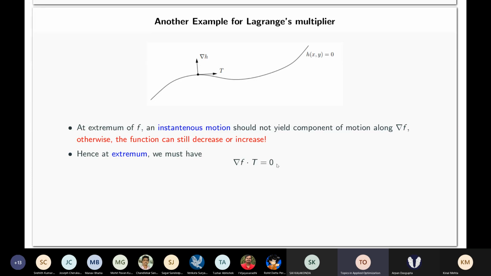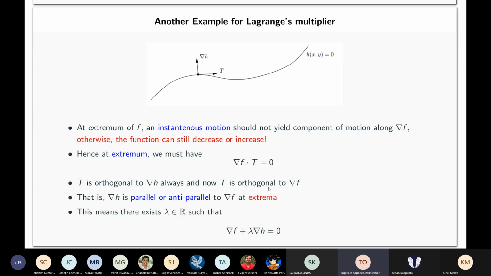Again, we got a mathematical condition that has to be satisfied at an extremum. So T is orthogonal to grad h always, and now T is orthogonal to grad f. This is just another view of the example. I'm not saying anything more. We are arriving at the same condition, just in a more abstract sense.